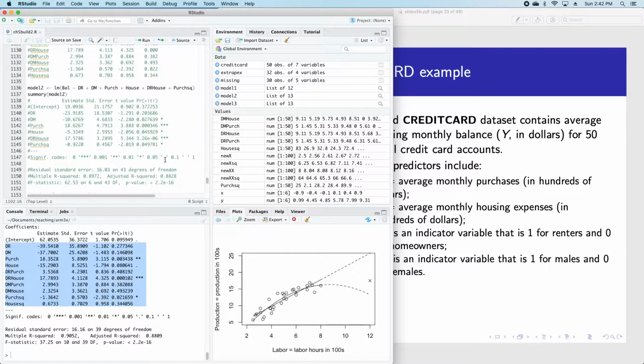So, for example, house squared doesn't look as if I'll need house squared if I have all the other terms in the model. It's got a relatively high p-value. Also, dm house, maybe I don't need that interaction, and dm perch, maybe I don't need that one, and then dr perch, maybe I don't need that one either.